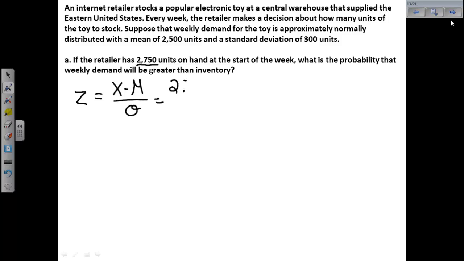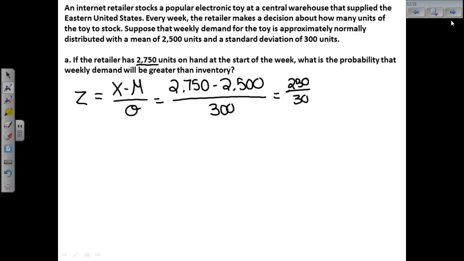X, 2,750, minus the mean of 2,500, divided by the standard deviation of 300. 2,750 minus 2,500 gives you 250, and 250 divided by 300 leaves you with a Z-score of 0.833.